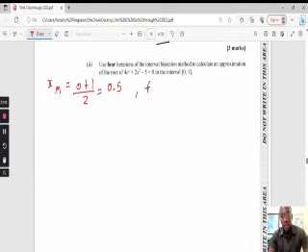Then we need to evaluate f of 0.5, which is 4e to the 0.5 plus 2 times 0.5, squared, minus 5.